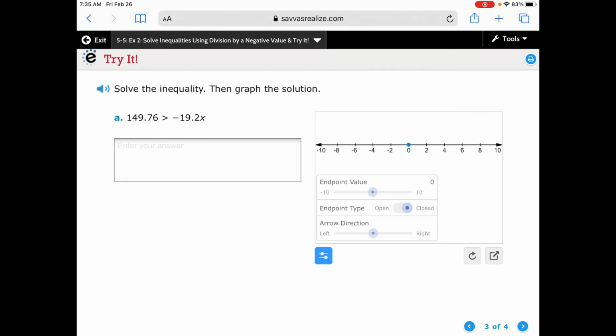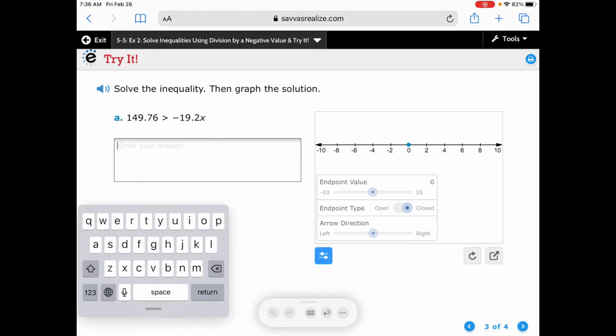Now we're going to do the same thing here. Let's flip this. We have 19.2 on the one side, and then we're going to have that equation where we get x. Let me write this in. I'm going to do the math for you, and we would flip it. So what ends up happening is it goes back to its original after all the flipping that's done.